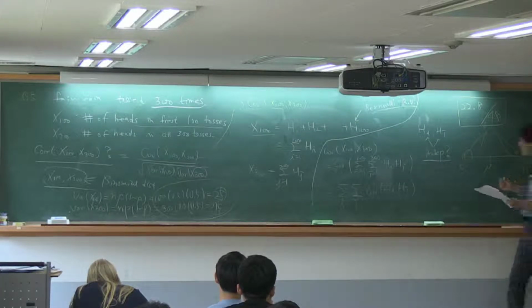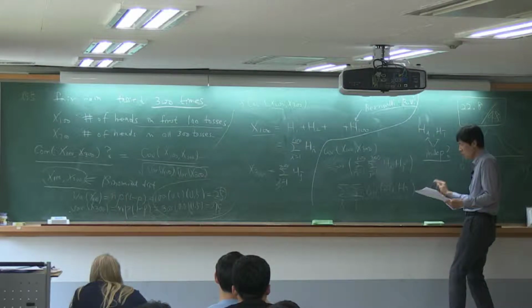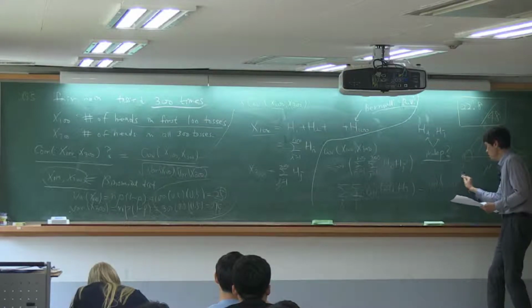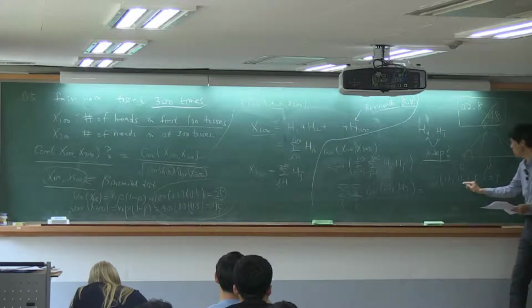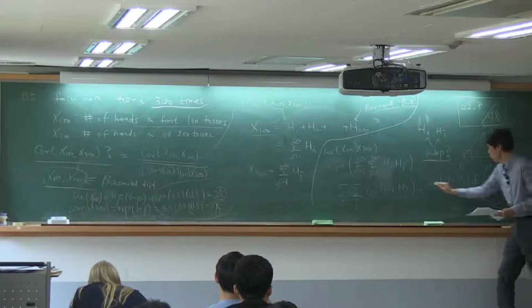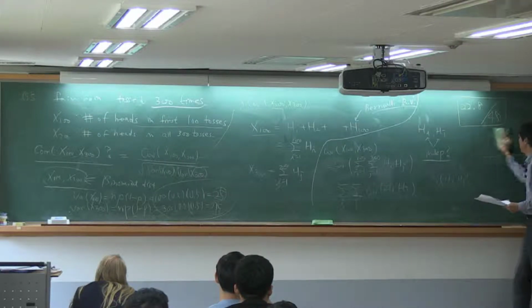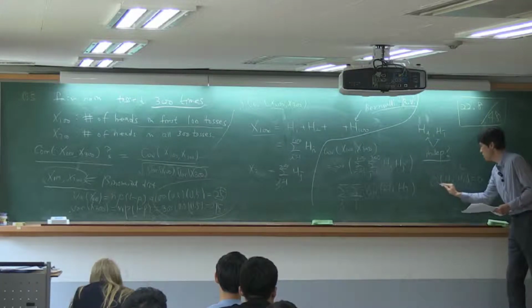So covariance of Hi, Hj if i is not equal to j 하면 요거는 제로가 되죠.